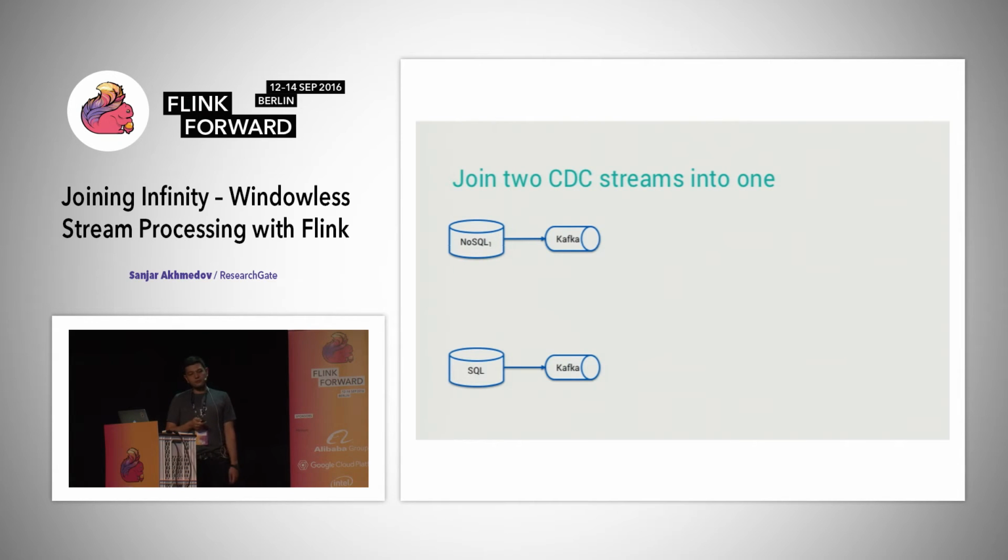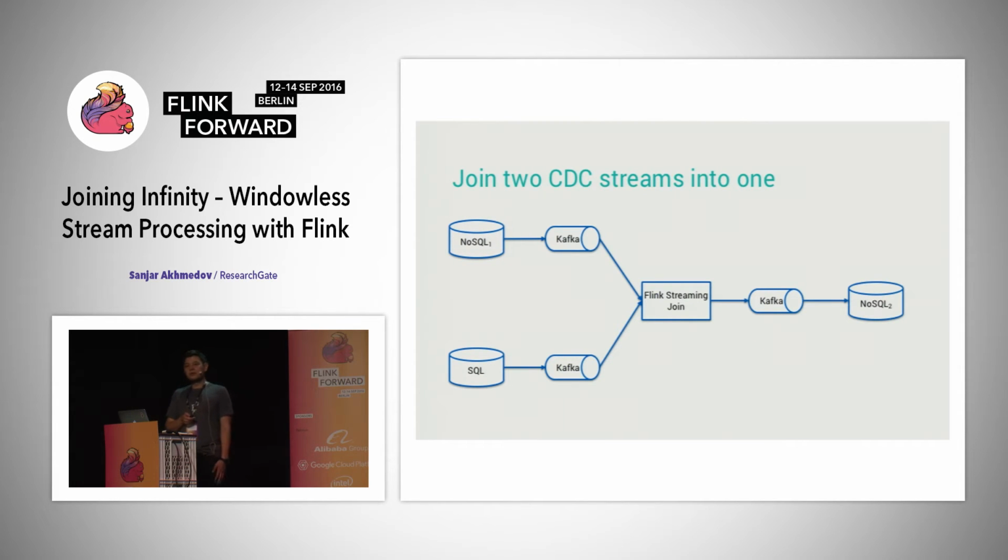And now the problem is reduced to joining Kafka topics and outputting, in the end, again a change data capture stream, which conforms to those semantics. And then we can solve the materialization problem. This way we can join any data and materialize that join view in any data store.